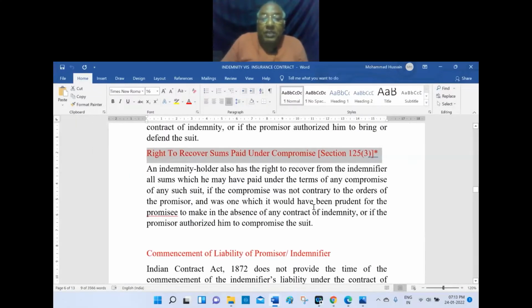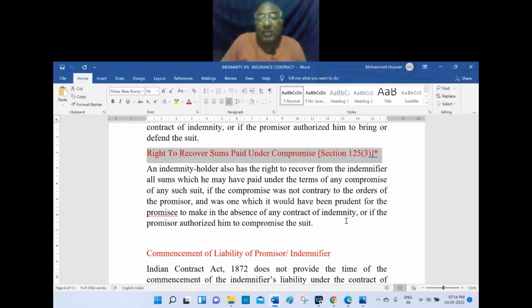That is the right to recover the sum paid under the compromise, section 125, subsection 3. An indemnity holder, a person who is indemnified, also has the right to recover from the indemnifier, here the insurance company, all sums which he may have paid under the terms of any compromise.